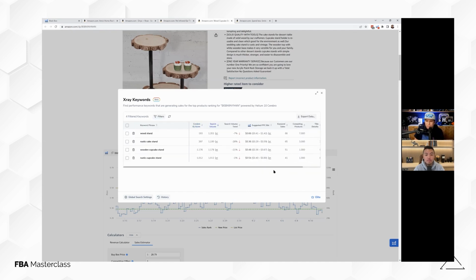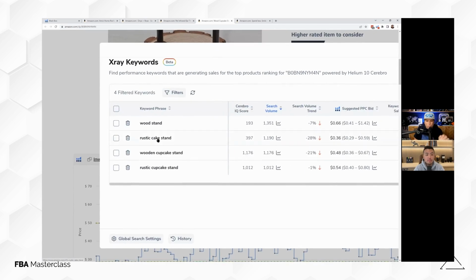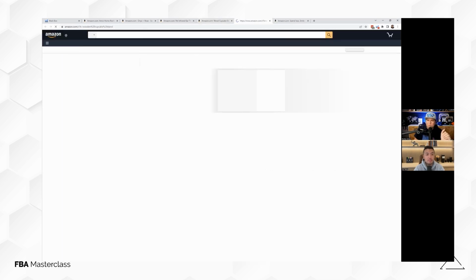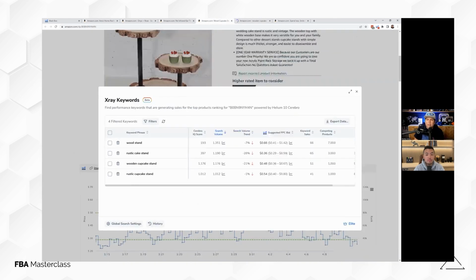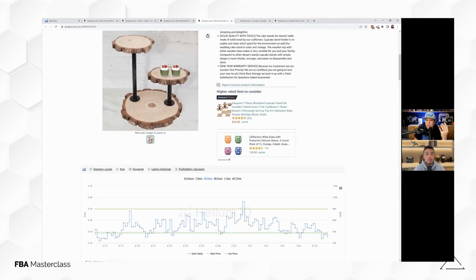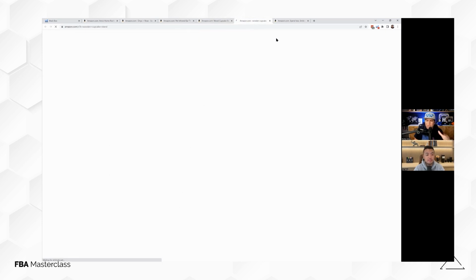They've only got a few: wood stand, rustic cake stand, wooden cupcake stand. So these are very niche keywords. Let's take a look at one of these search results, because I know on a one-to-one basis I can compete with this product, but it's not one-versus-one. I want to look at what the niche looks like.